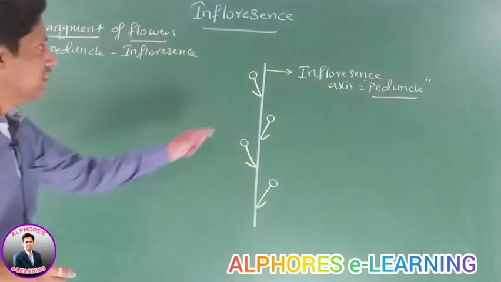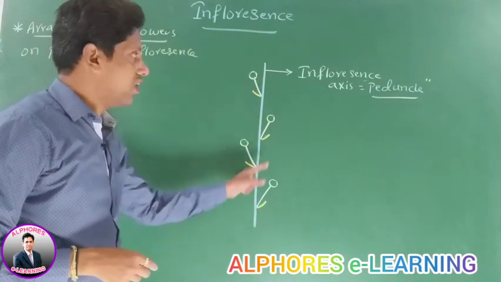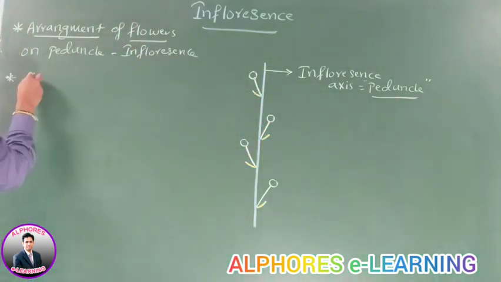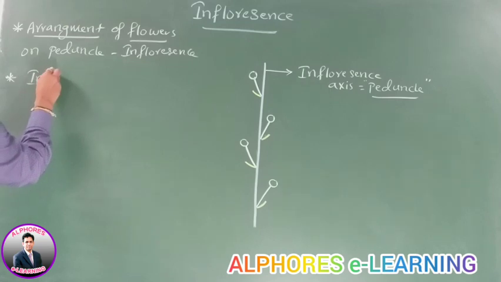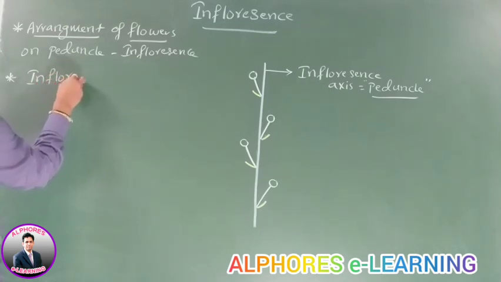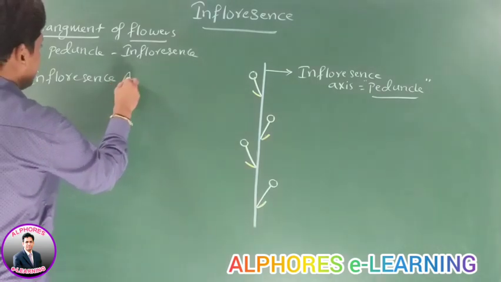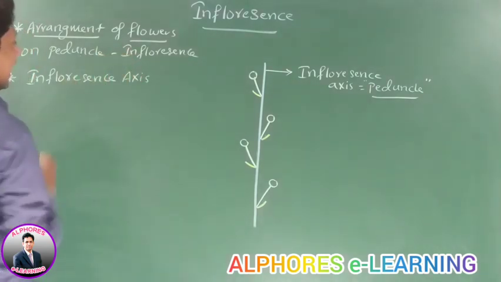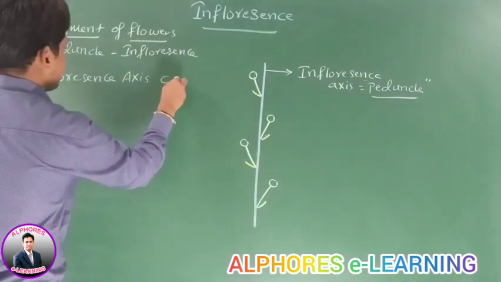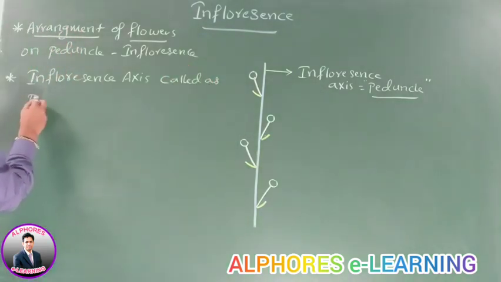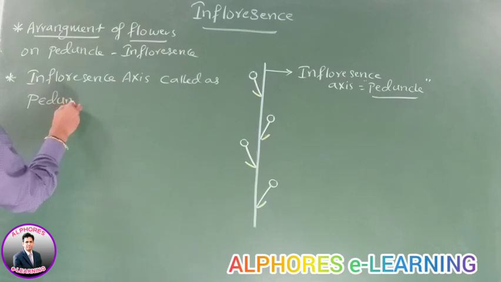This inflorescence axis, what are we calling it? Peduncle, right? The inflorescence axis is called a peduncle.